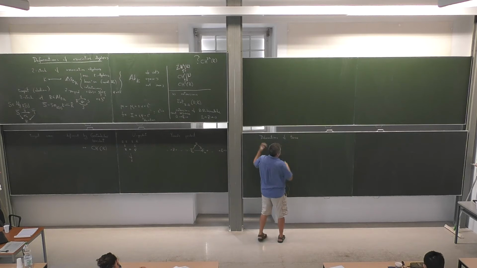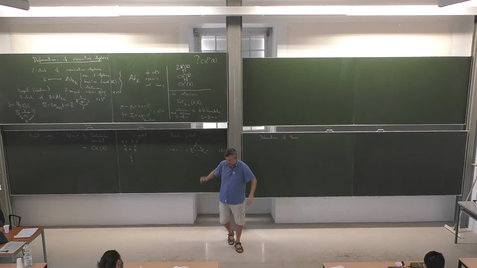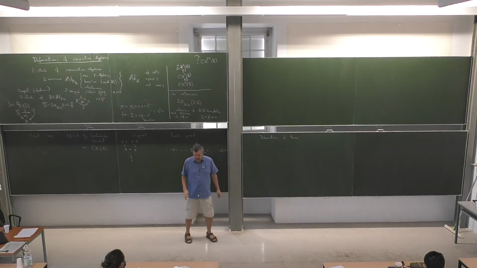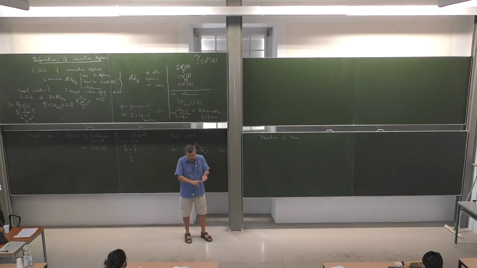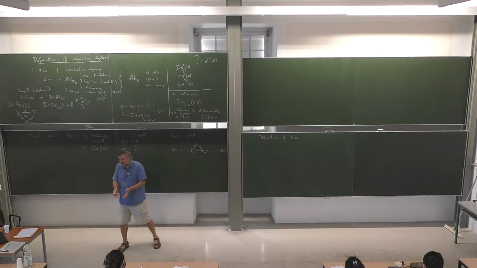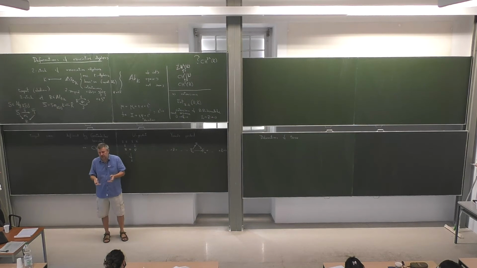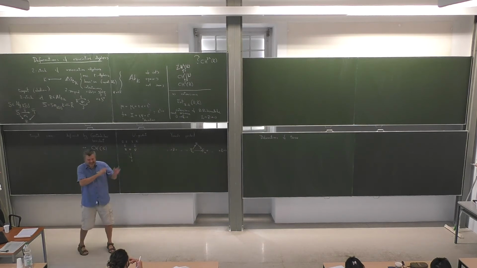So tensor for me is not what is usually meant: it's a k-linear category, not even abelian, together with the monoidal product, and the monoidal product is k-linear.